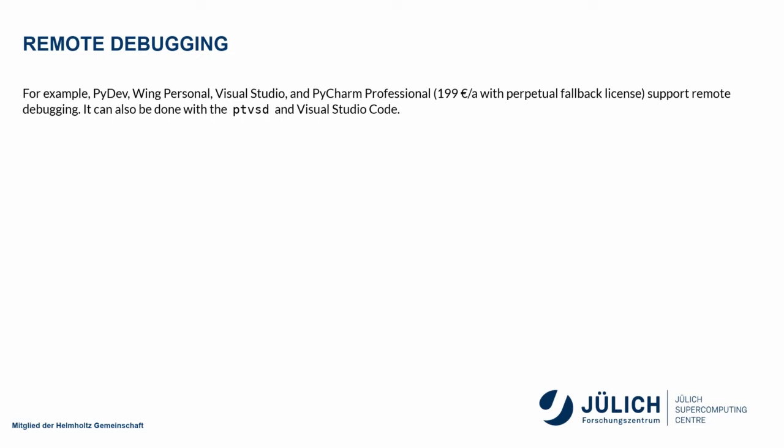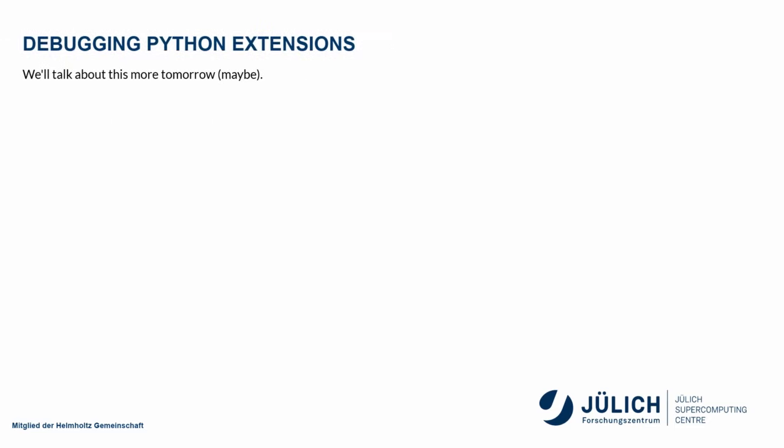It's still in most cases not that pretty. So debugging is really the stepchild of Python. It's almost as bad as profiling. Debugging Python extensions raises the whole thing to yet another level. So debugging at the same time Python code and the C program that you wrote to make your Python code fast only works with a very few debuggers.